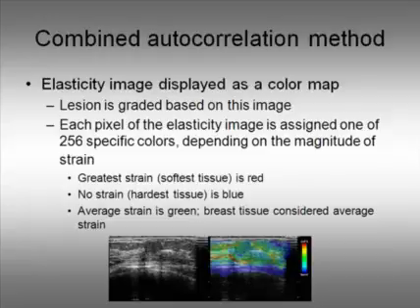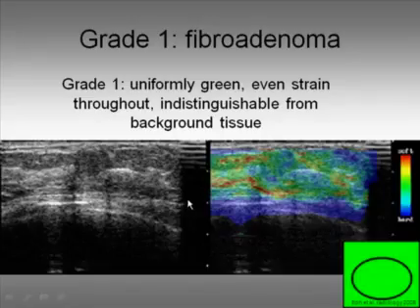And in this method, the softest tissue, which displays the greatest strain, is red, and the hardest tissue, which does not display any strain, will be blue. On average, breast tissue is colored green. Now here is grade 1.